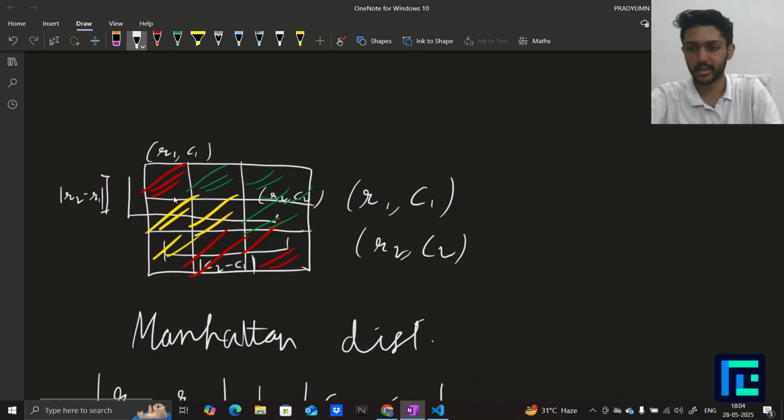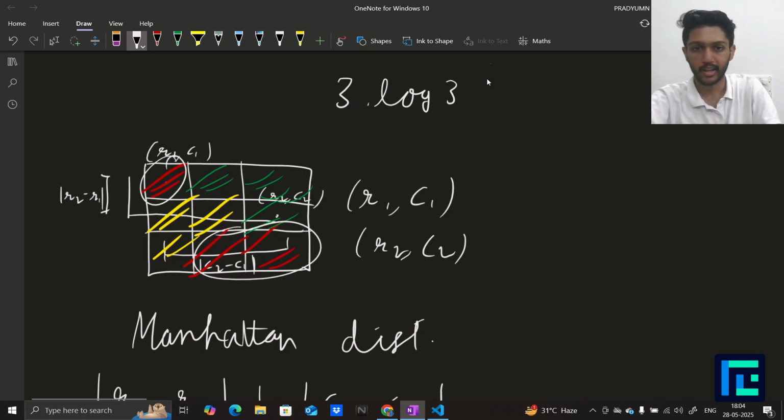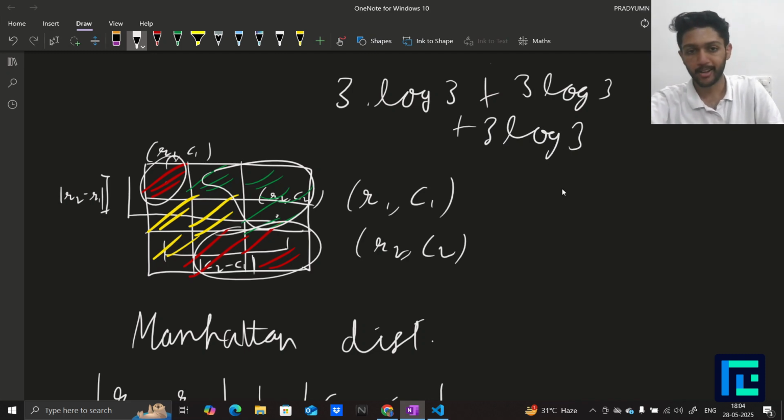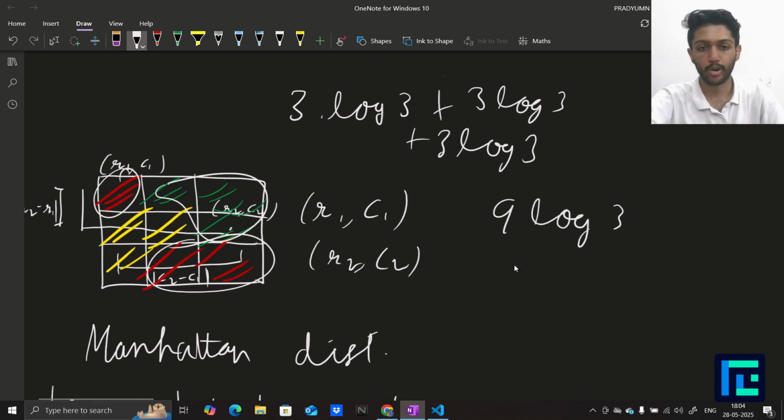To calculate for the yellow, it will take 3 log 3 time. Then for the red, it will again take 3 log 3 time. And for the green also, it will take 3 log 3 time. So in total, we have 9 log 3 time, which is even less than 9 log 9.